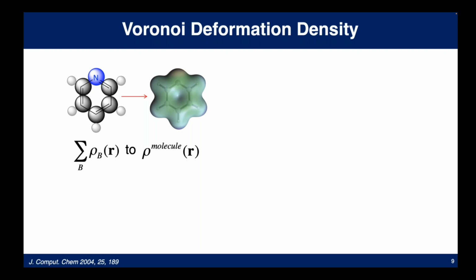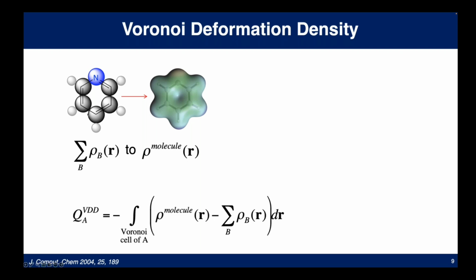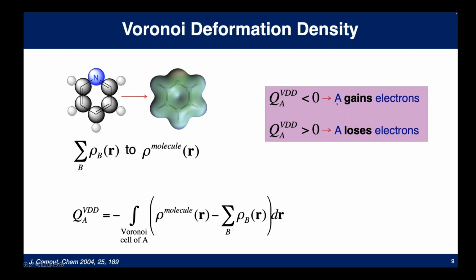And if you analyze this density by integrating over the Voronoi cell of atom A, so that's the space that is closest to that atom A and not to any other atom, and you integrate the density of the molecule minus the sum over the spherical densities of the atoms, you can see whether charge flows towards atom A. If it's smaller than 0, atom A gains electrons, and if it's larger than 0, then atom A loses electrons.